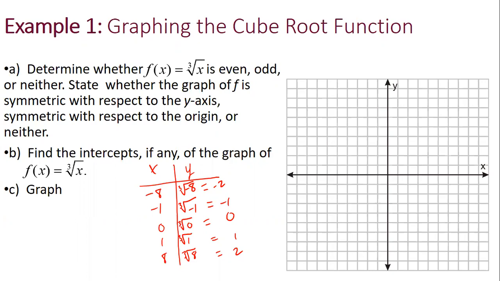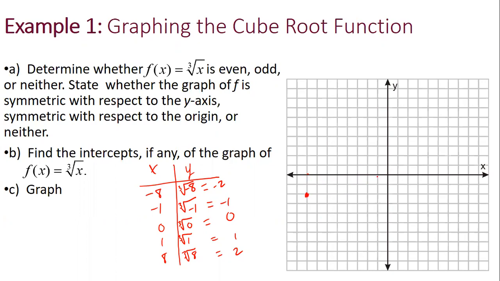All right. And so these are our smallest perfect cubes. So then when we plot them, we can easily see what happens. So -8, and I'm going to go down 2 and bam.